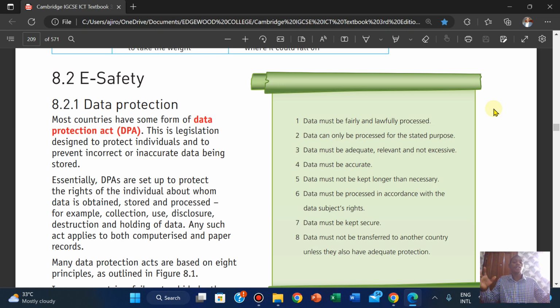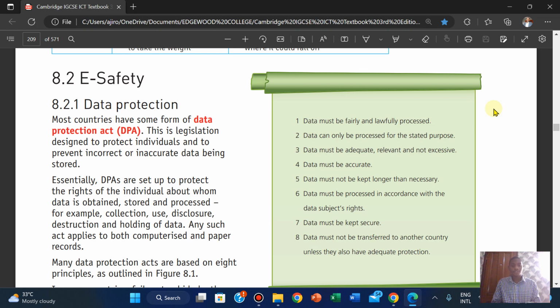Essentially, you're preventing data that is not correct from being stored, and these acts are set up to protect the rights of the individuals about whom data is obtained, stored and processed. Let's look at an example.